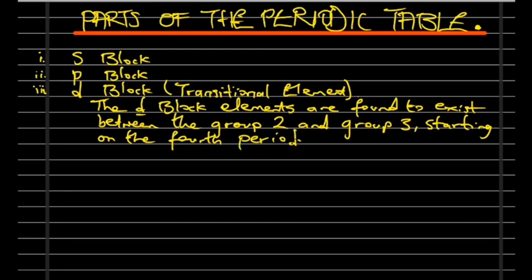So that is where you find the D block elements. They are found between group 2 and group 3 of the periodic table on the 4th period.